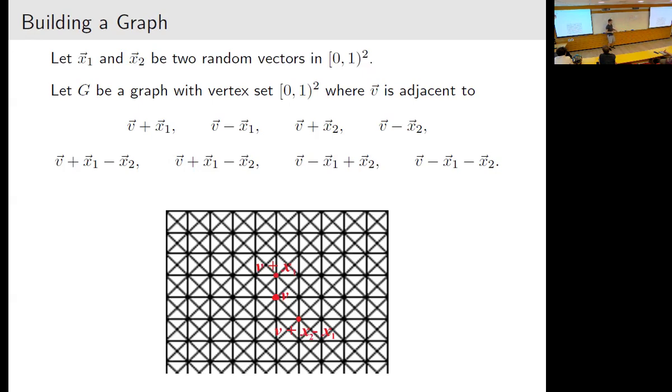Again, x1 and x2 are just random vectors, and from this I can construct a graph. It's kind of a weird graph from a graph theorist's perspective. Each component is definitely going to be countable, a countable grid, and then you've got uncountably many components. But it's a graph. Any questions about this construction?